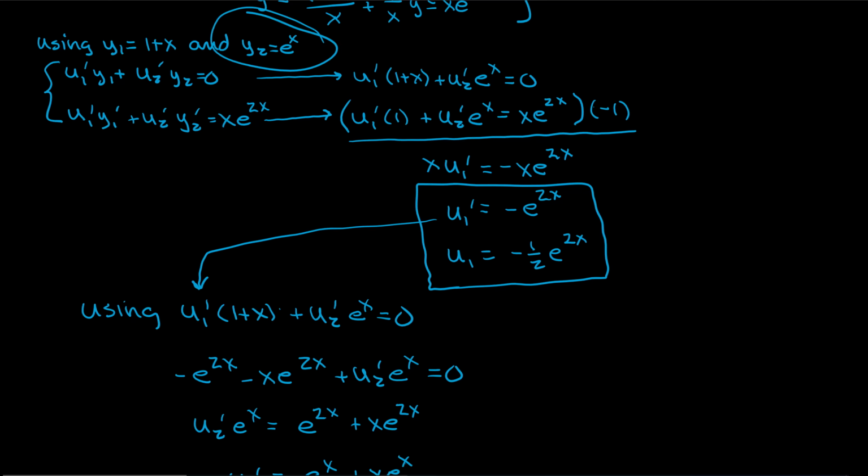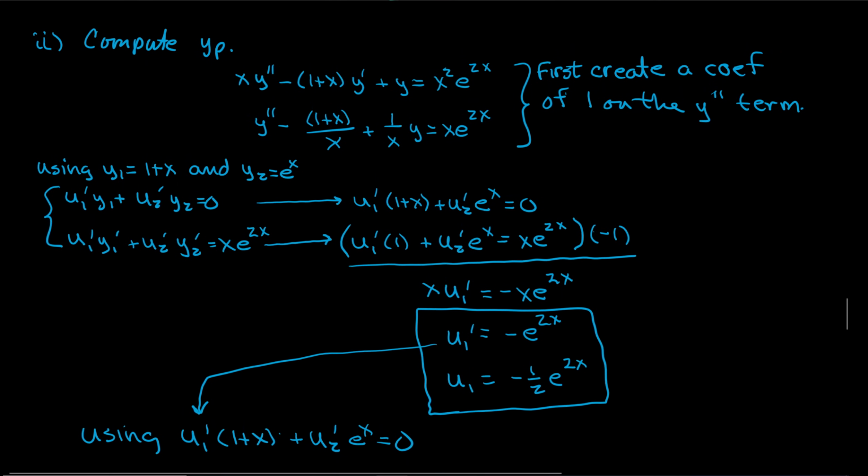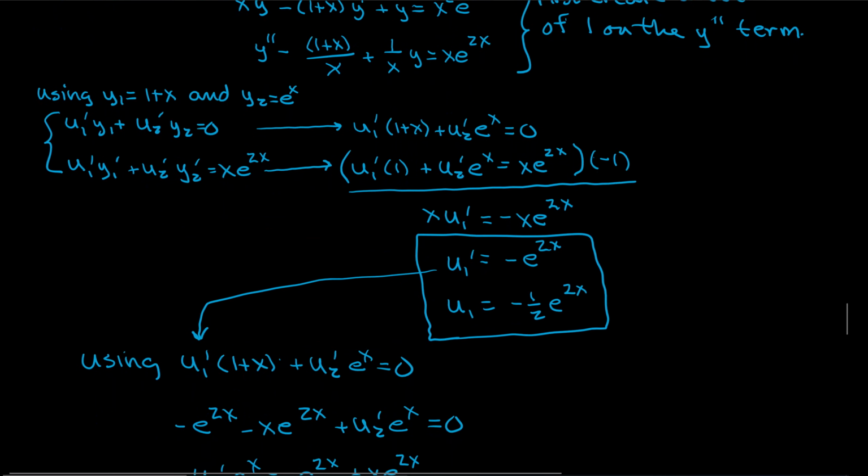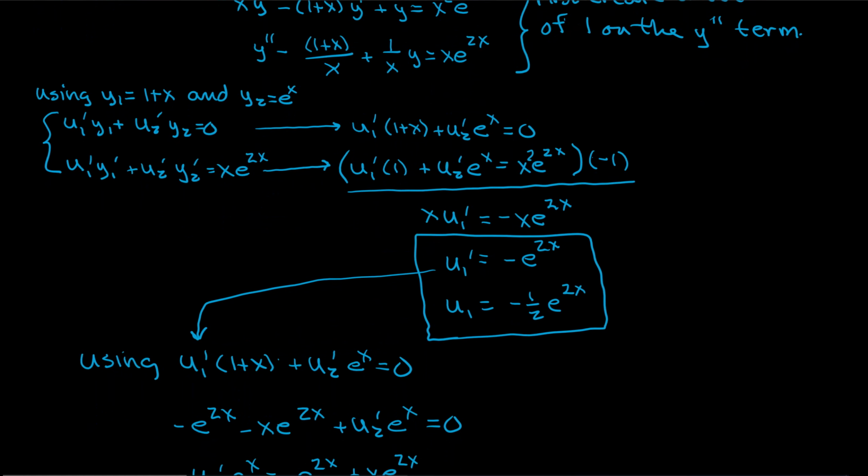Well, our y2 is this e to the x. Its derivative is going to be e to the x, and you can see that right there. And now on the right-hand side, we have our x squared e to the x. Okay, so that gives us that.